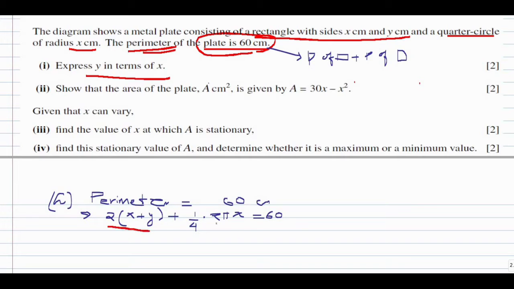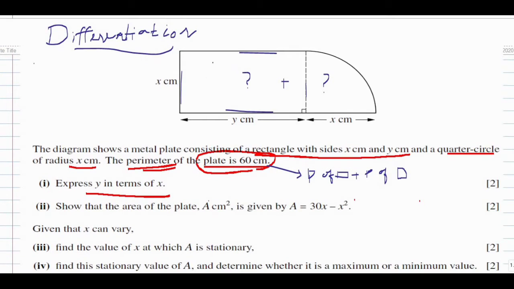And we know that the perimeter of a rectangle and circumference of a circle. Perimeter of a rectangle is 2 of L plus B, where L is the length and B is the breadth. And circumference of a circle is 2 pi r.